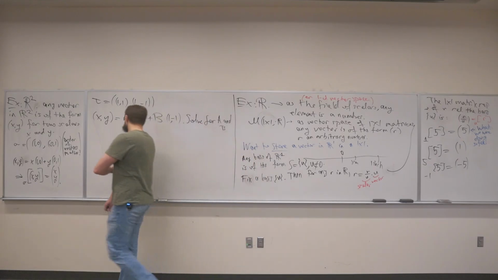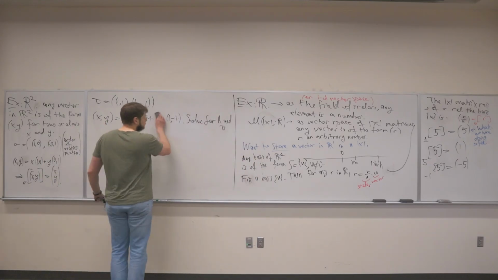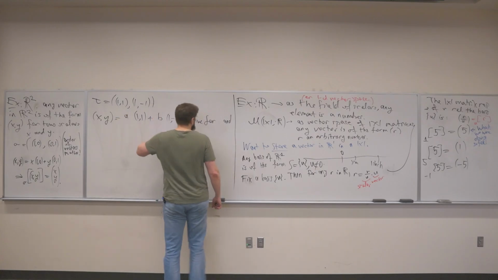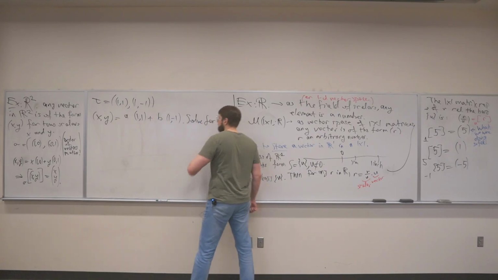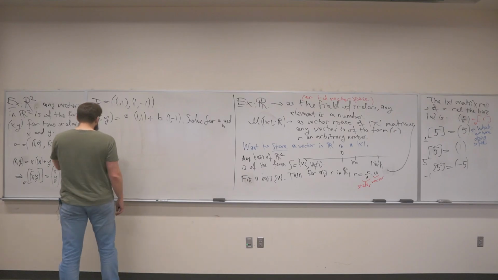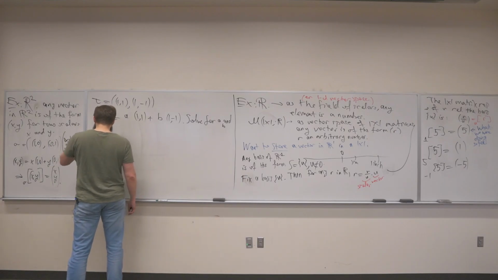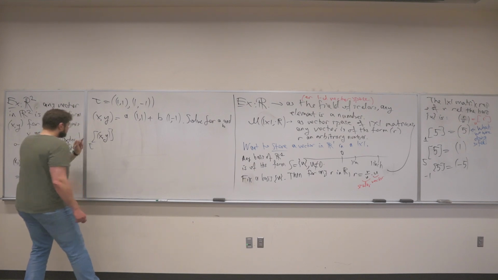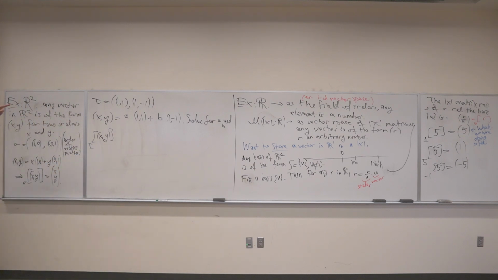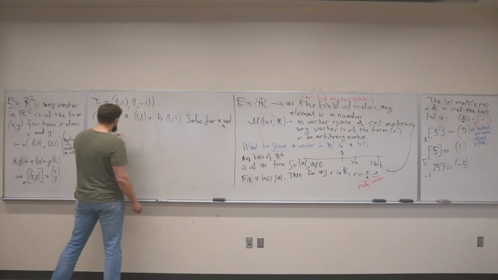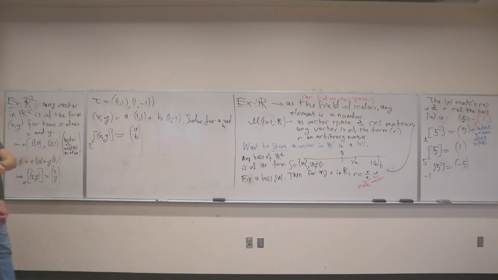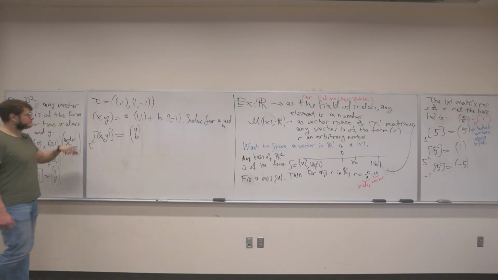Scalars a and b, maybe I should use lowercase actually, so that we don't think of these as matrices. Lowercase a, lowercase b. And then once I have the solution to this, the matrix representation of (x, y) relative to the tau basis would be (a, b). Okay, so we need to solve this equation for a and b.